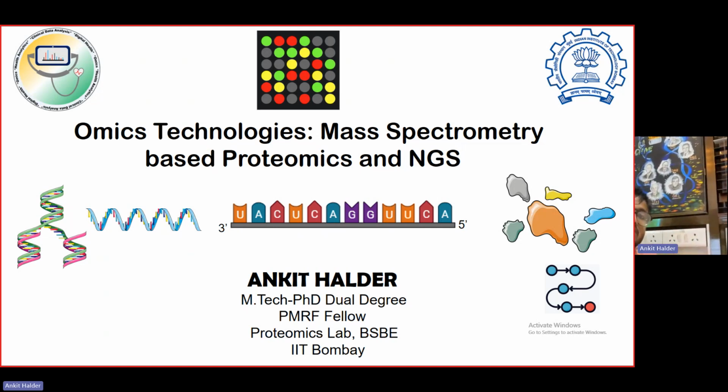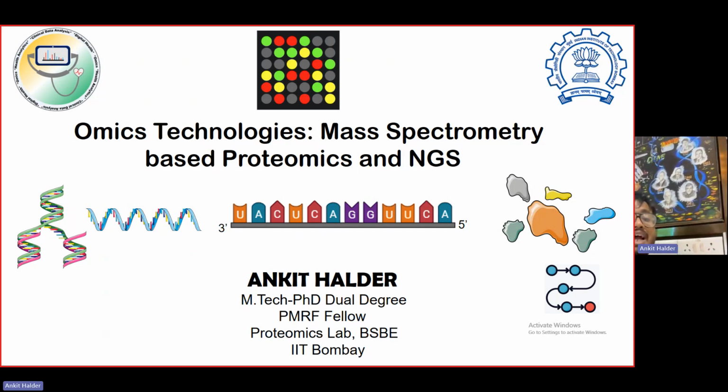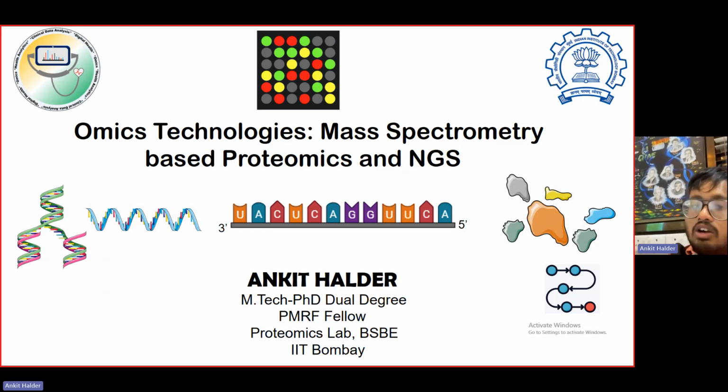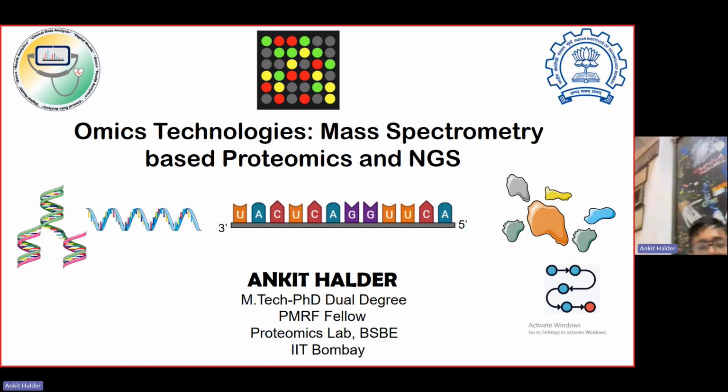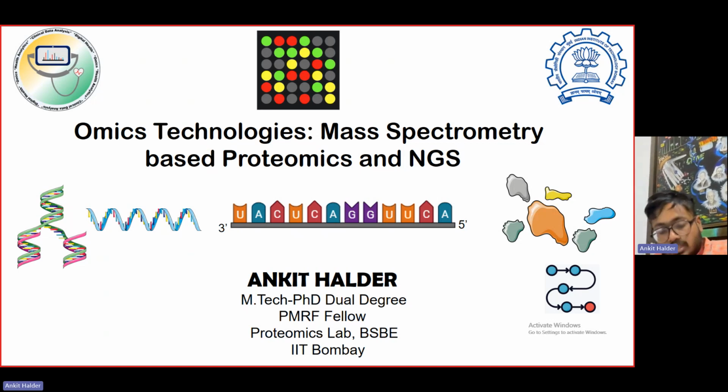If you recall the first week, we had discussed how different omics technologies were made and how the technology evolved, starting from genomics, from the draft map of the human genome, to getting to a very high level with mass spectrometry based technologies.